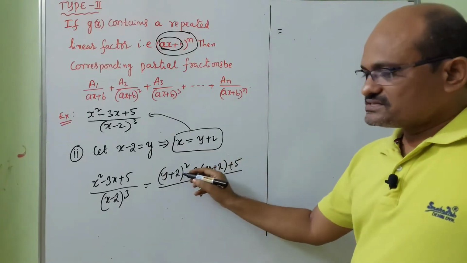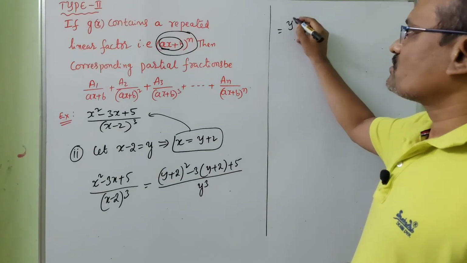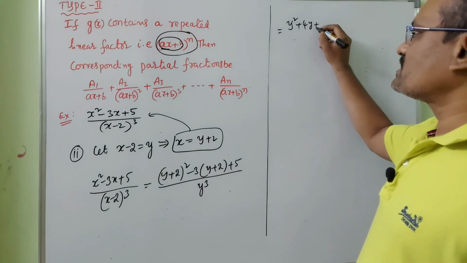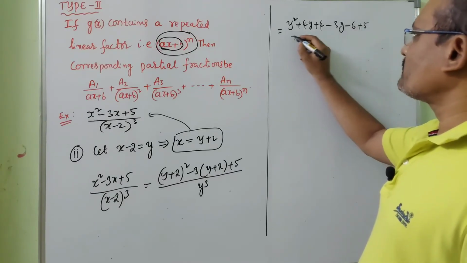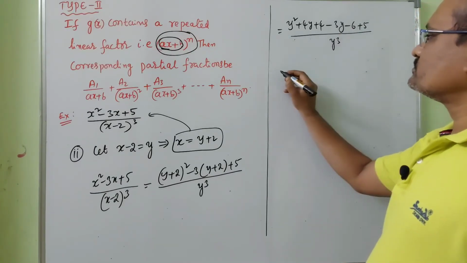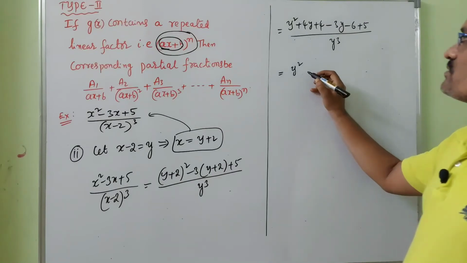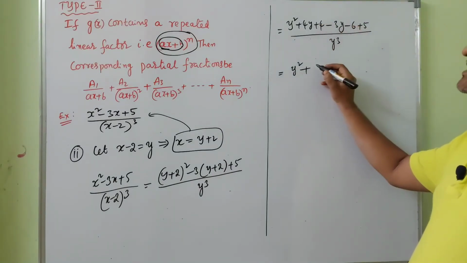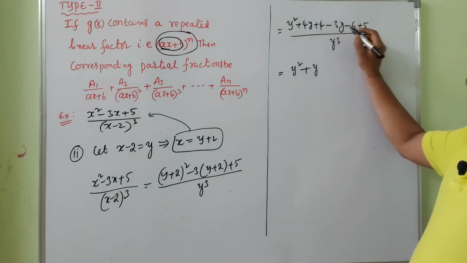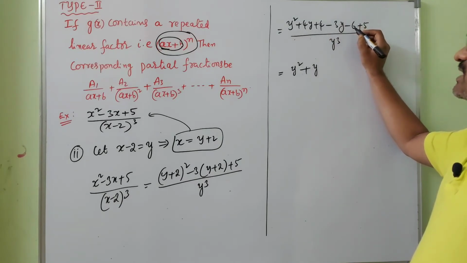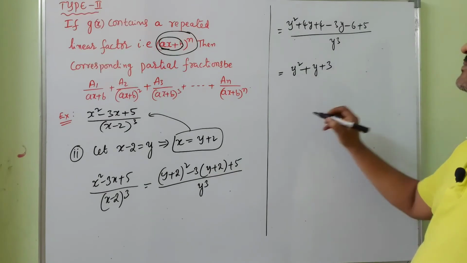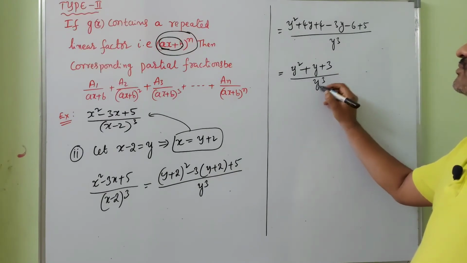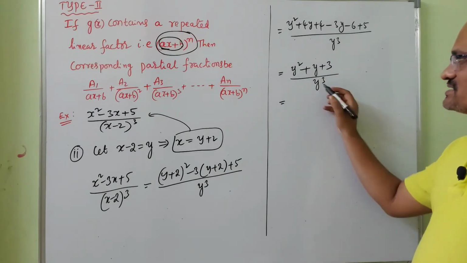Now I am simplifying this. (y plus 2) whole square is y square plus 4y plus 4, minus 3y minus 6 plus 5, by y cube. Write in order. y square, 4y minus 3y is y. 4 minus 6 is minus 2, plus 5 is 3, by y cube. Now write the denominator separately.